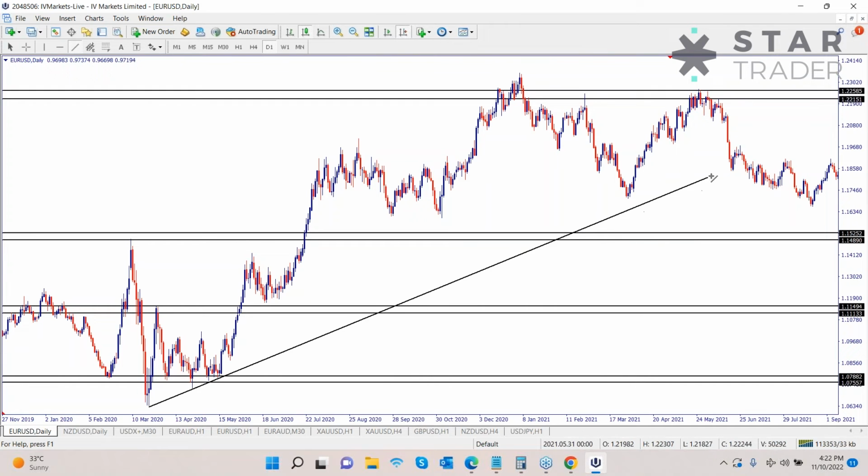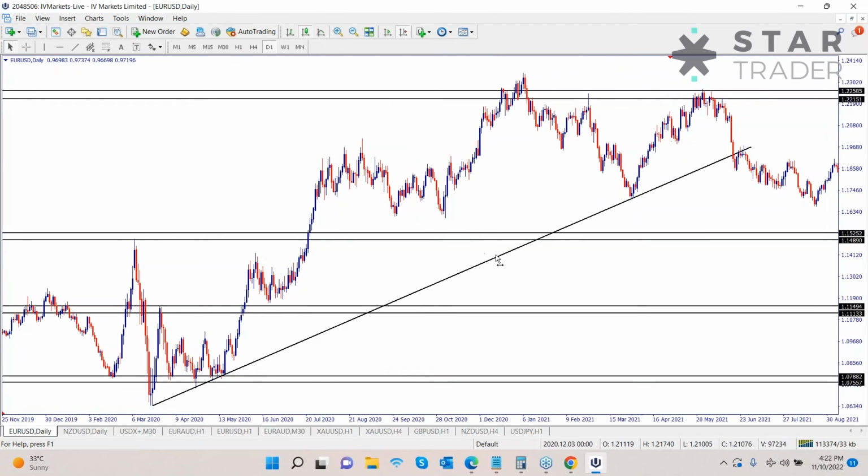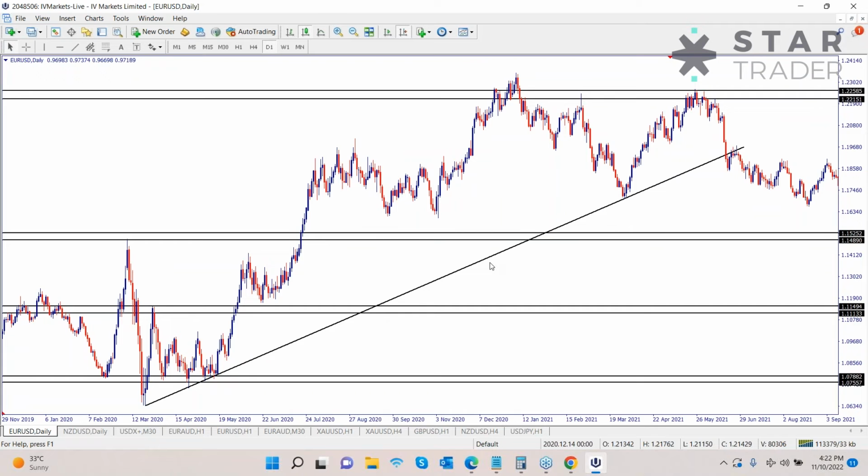I'm just drawing the trend line on the bigger time frame from the bottom to top. So it is a bullish trend. It is telling us the market trend is bullish. Why? Because the trend line is ascending, not descending, right? We have drawn our trend line from bottom to top. So this is how it works. Trend line is always telling you the market trend. Okay, the market trend, and this is very important to understand.